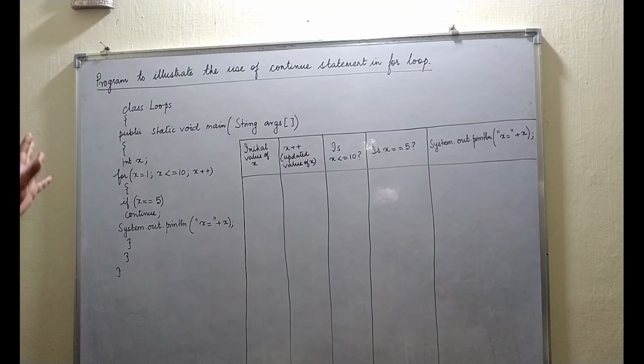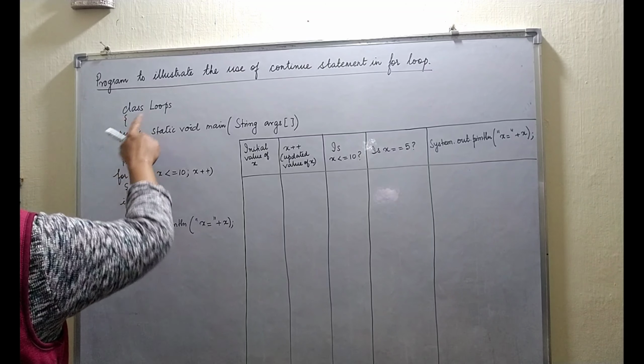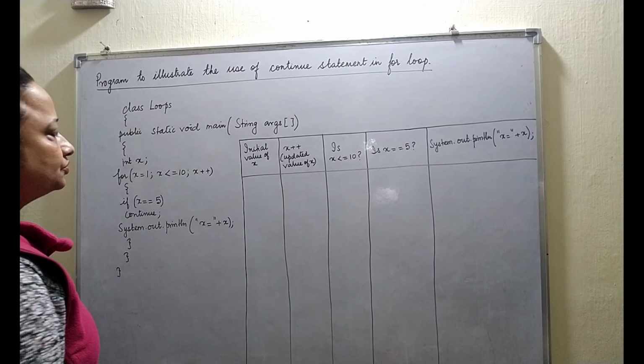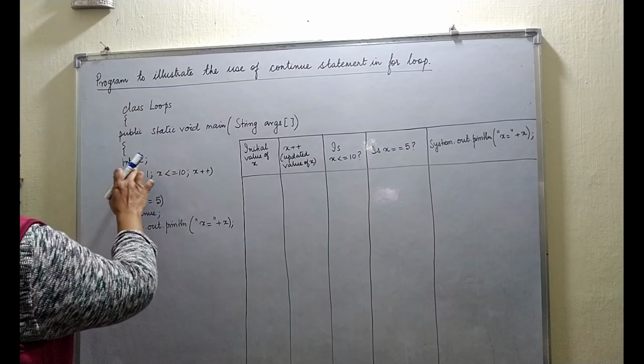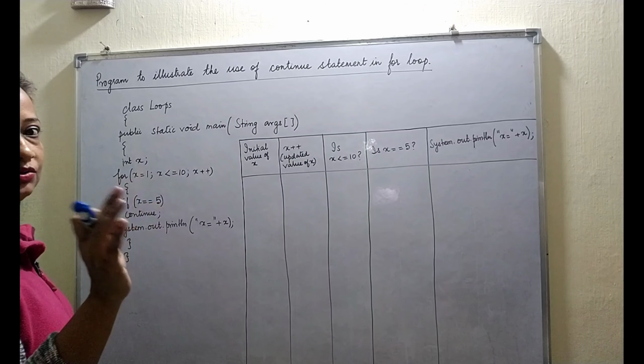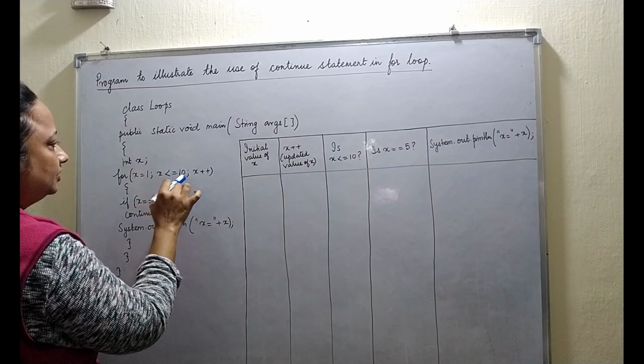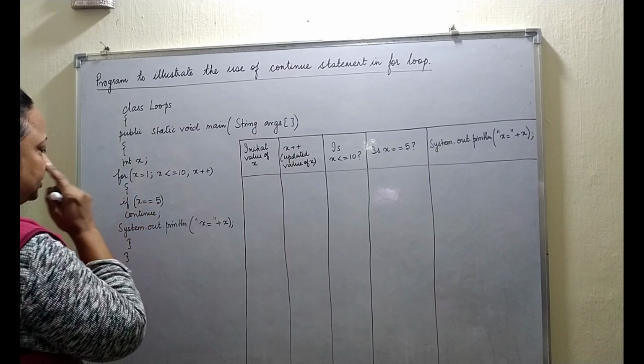Let us take an example to illustrate the use of the continue statement in a for loop. We name the class as class loops. The main method is public static void main String args, int x. x is the loop counter variable. For x equals 1, x less than or equal to 10, x plus plus, opening braces.